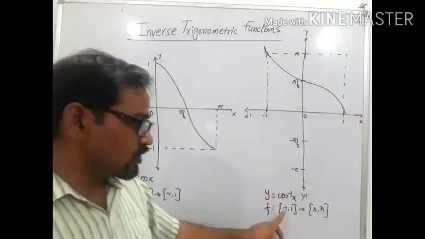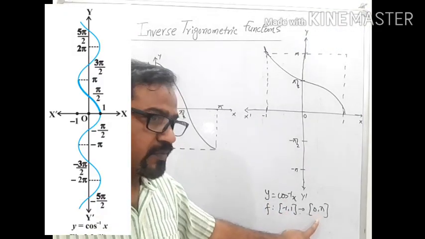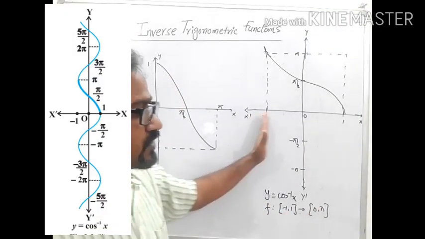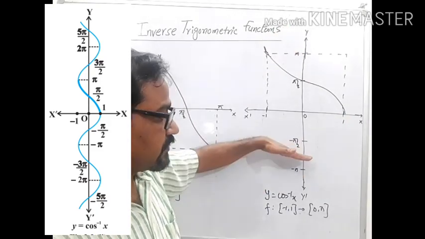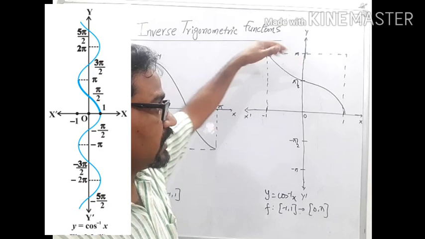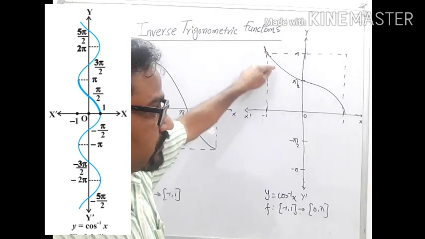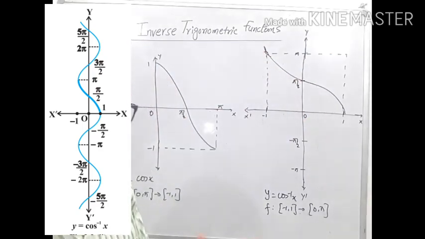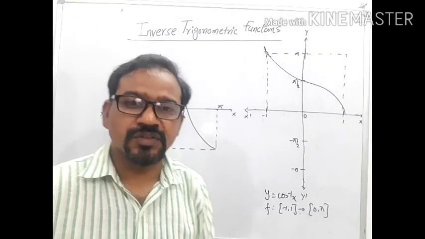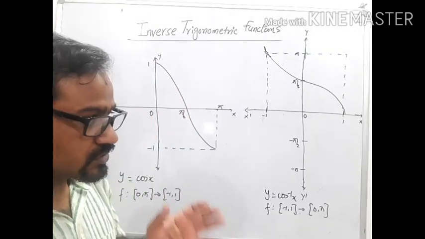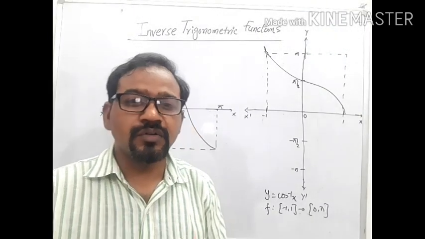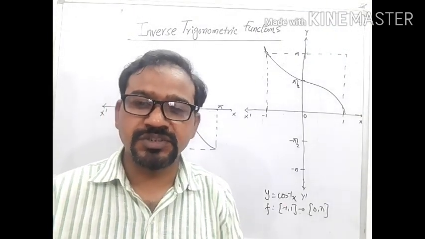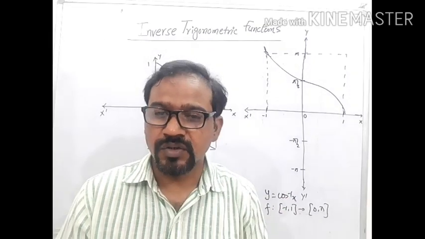Then the inverse function's domain will be -1 to 1 and the codomain or range will be 0 to pi. Then between 0 to pi the graph will become this type. So both cos and cos inverse are one-one and onto functions. In such a way we have to restrict the domain of all trigonometric functions to make them one-one and onto.